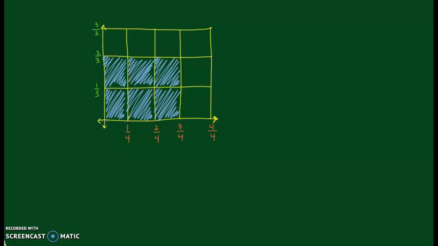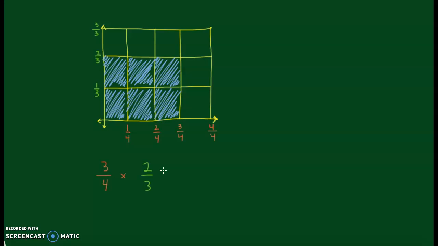Just like in the last video, they asked you to find the length of the shaded portion. In this case, the shaded portion is 3/4. Then we're going to multiply that by the width of the shaded portion, and you can see the width is 2/3.